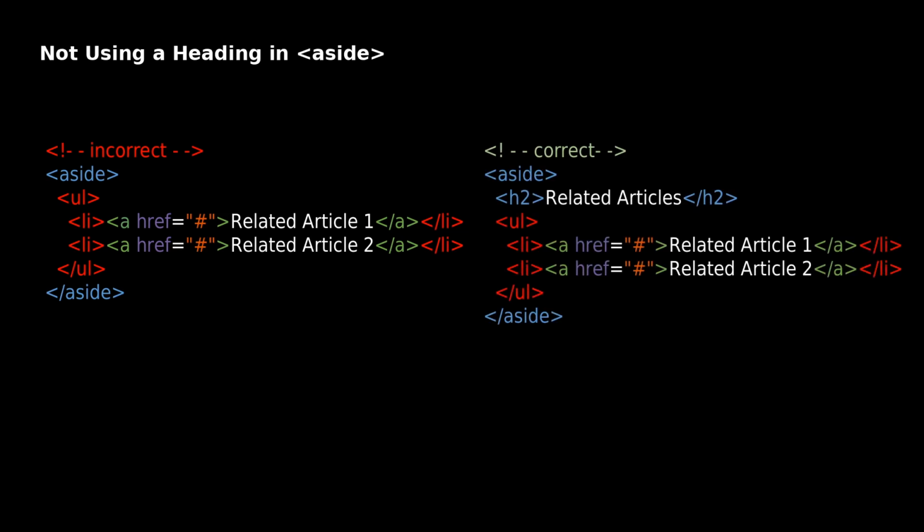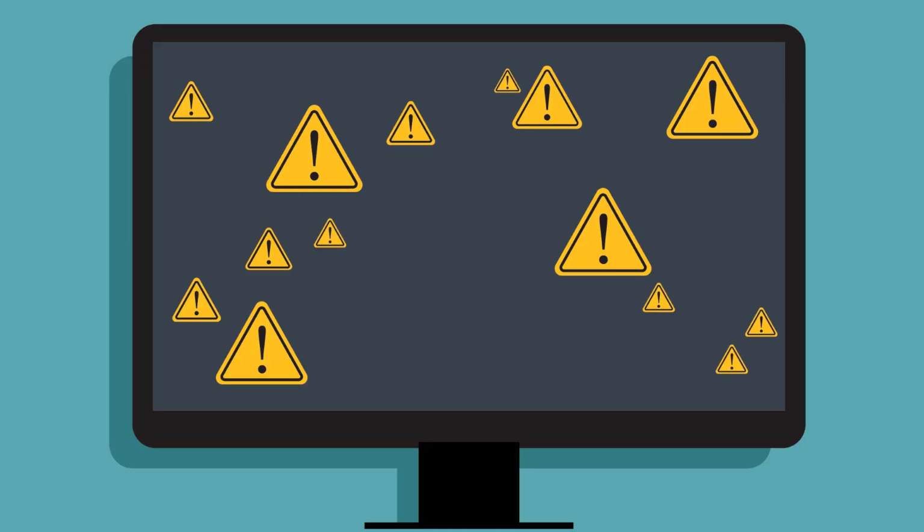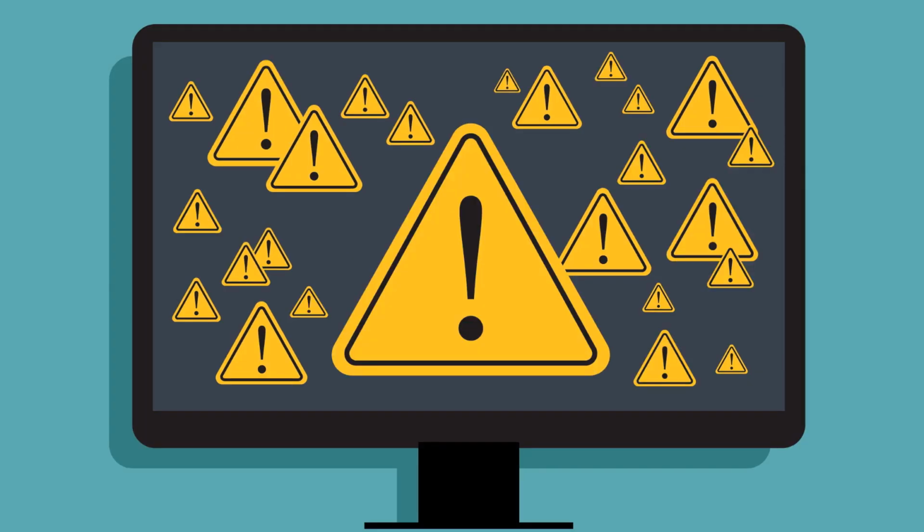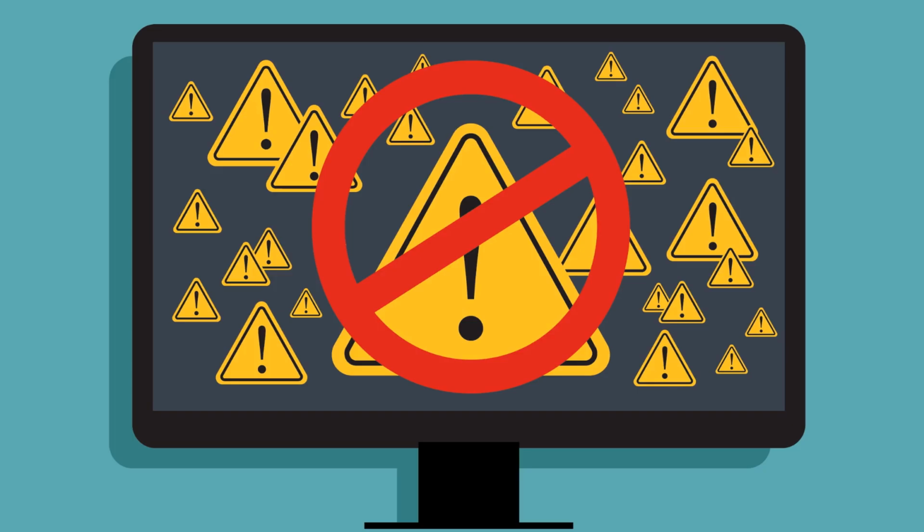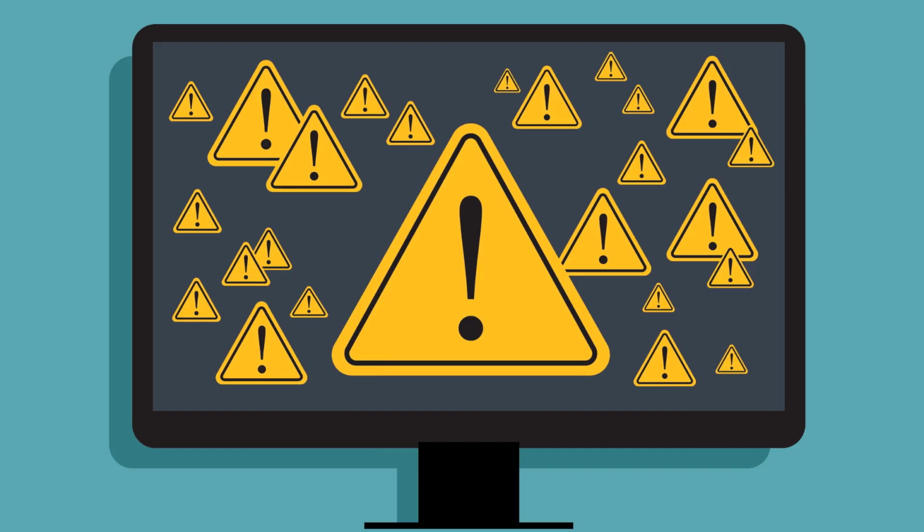Always include a relevant heading inside the aside element to clarify its purpose. This improves accessibility and provides clear organization to the content. Avoiding these mistakes ensures that your use of the aside element aligns with its intended purpose, providing clear and useful supplementary content that improves the overall structure and usability of your web page.